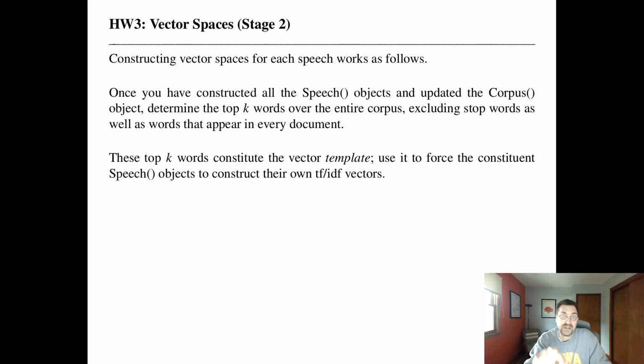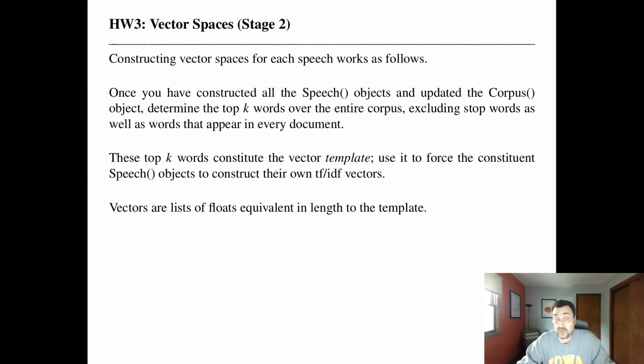I'm going to store that list of words or terms in the corpus.template instance variable. I'm going to force the constituent speech objects to reconstruct their own term frequency inverse document frequency vectors based on the template that I've stored in the corpus object.